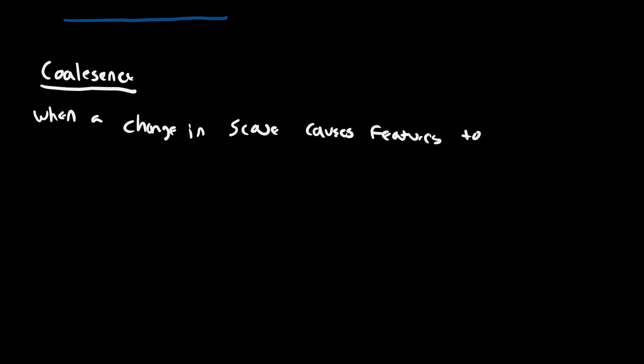And coalescence is when a change in scale suddenly results in features to overlap.